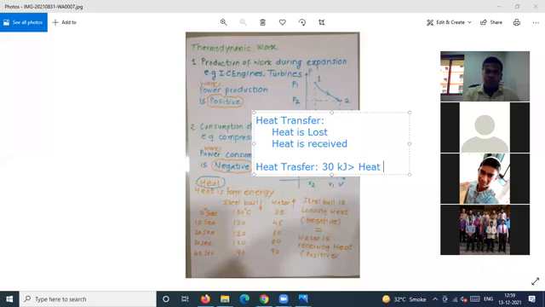Sign is positive. That means what? Sir, it is received. Received, right? So I will write down here: heat received is 30 kilojoule. Is that okay?